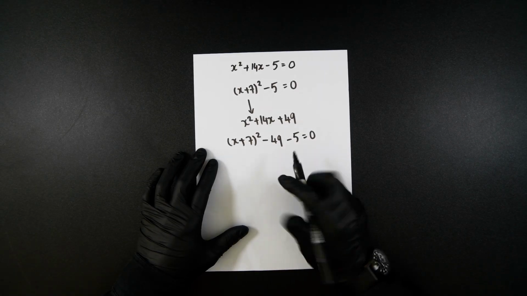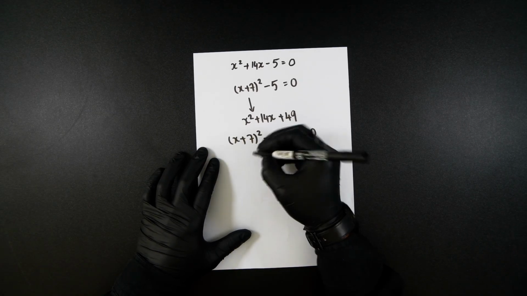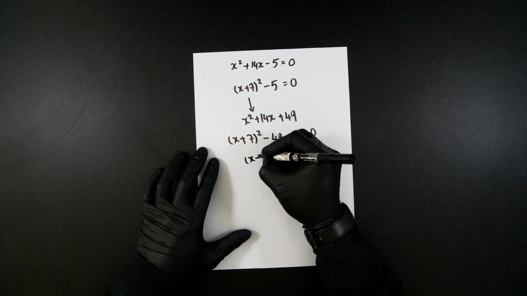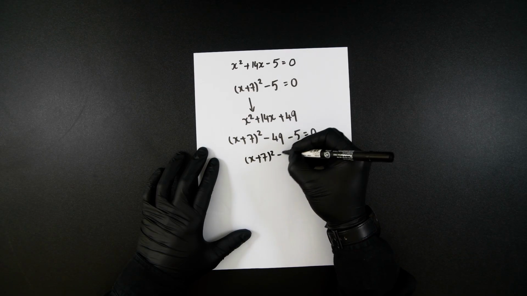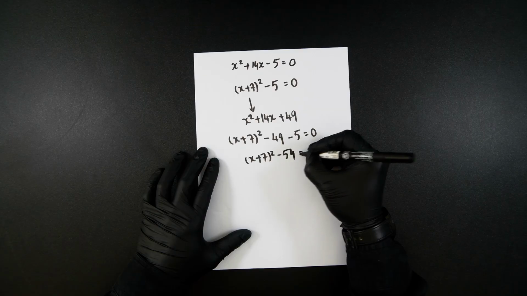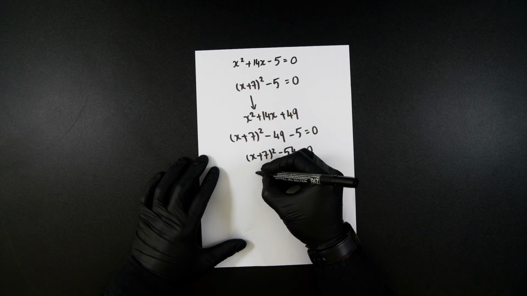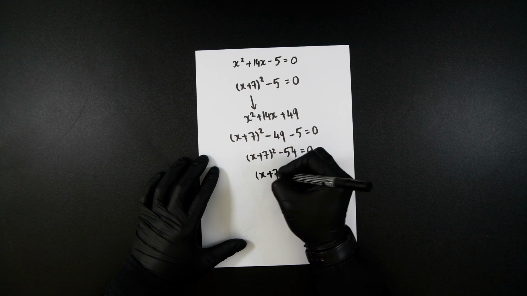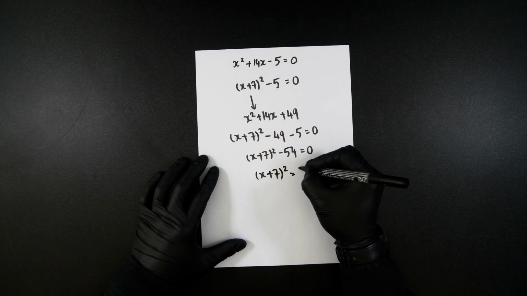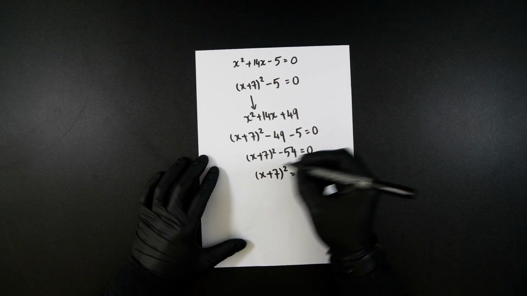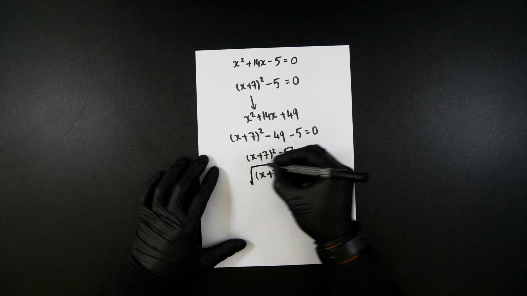We can now sort this out. So that's obviously going to be minus 54. So we'll have x plus 7 all squared minus 54 is equal to 0. And we can now move the 54 to the other side. x plus 7 all squared will equal 54. We square root both sides.